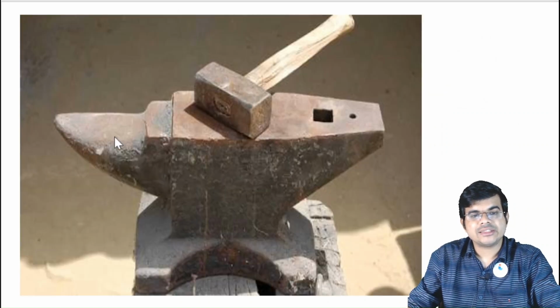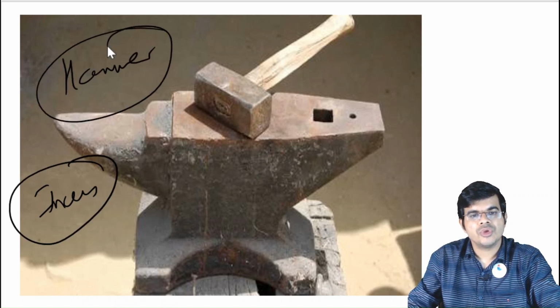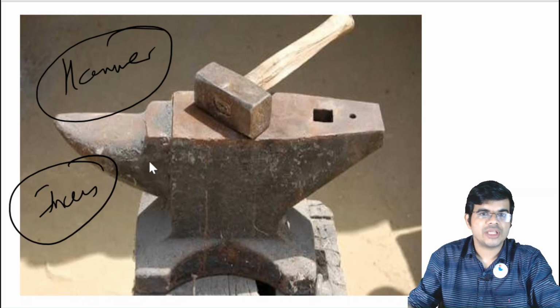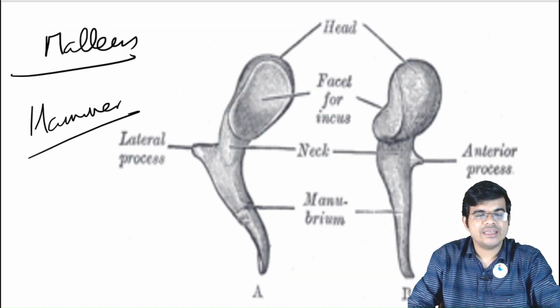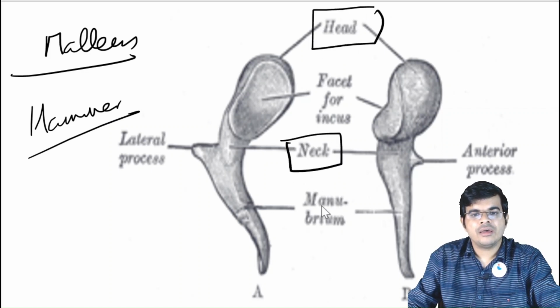And incus word meaning is anvil. This is a picture showing a hammer kept on an anvil. It is called so because it resembles an anvil. Okay, incus is called so because it resembles an anvil, and this malleus resembles a hammer. And this malleus has got a head, a neck, a manubrium.